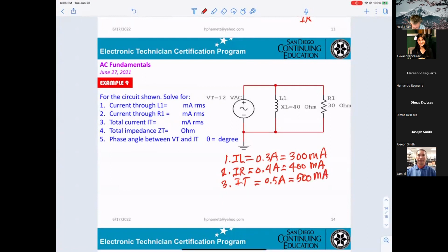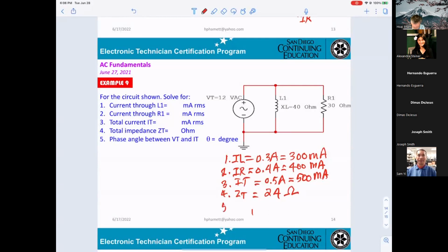And R total. Okay, V total divided by I total. 12 volts divided by 0.5. 24 ohms. Okay, ohm.